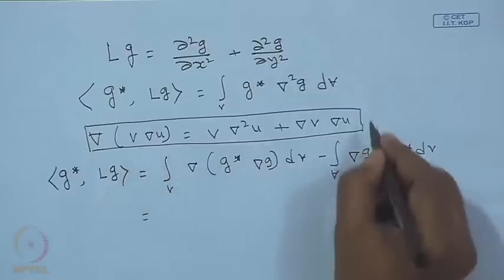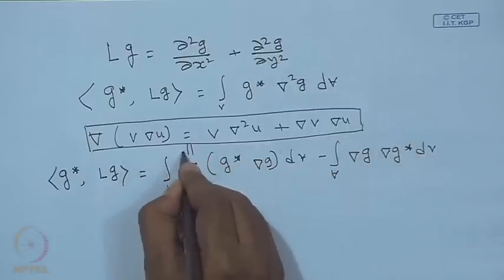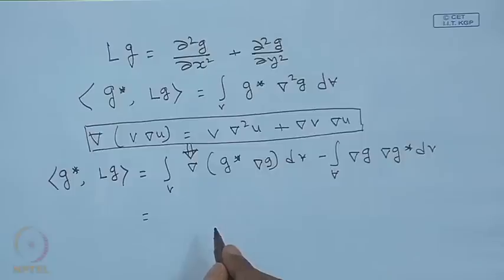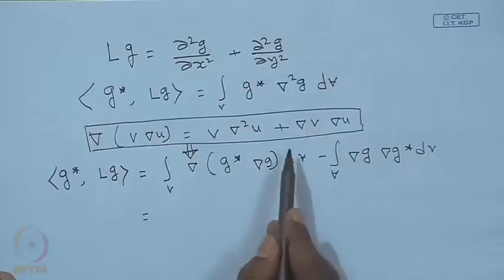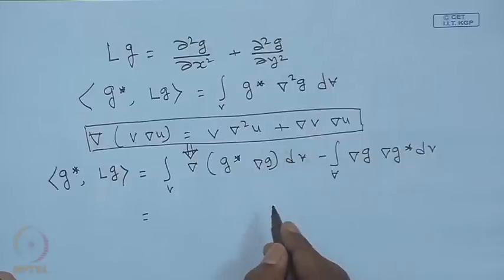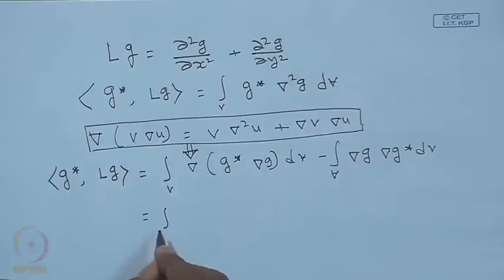So, we utilize this identity to break this one down into two terms: g star grad square g plus grad g grad g star. So, what we get is the volume integral.